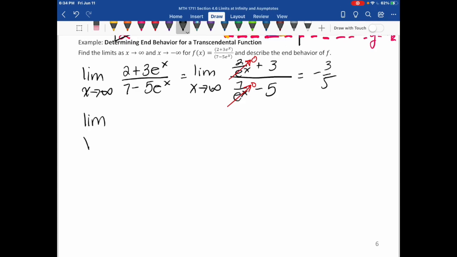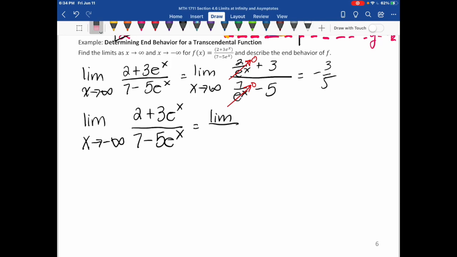So now let's take the limit as x goes to negative infinity. And we're going to do 2 plus 3e to the x over 7 minus 5e to the x. Now with this one, since we are plugging in values for x that are really, really big negative numbers, what we can do is rewrite this, the limit as x goes to negative infinity of 2 plus 3 over e to the negative x.